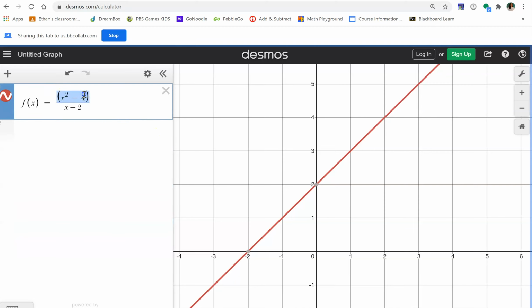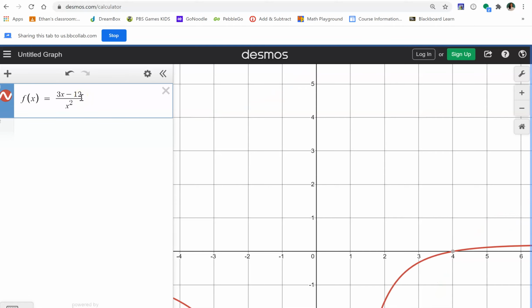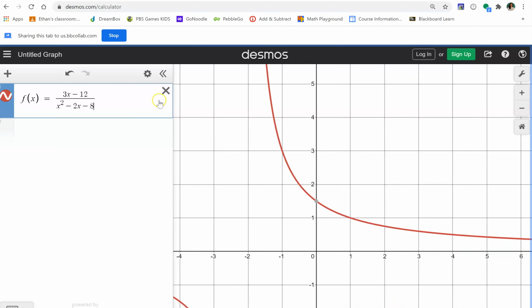And my new function is going to be 3x minus 12 on the top. And on the bottom, it's going to be x squared minus 2x minus 8.